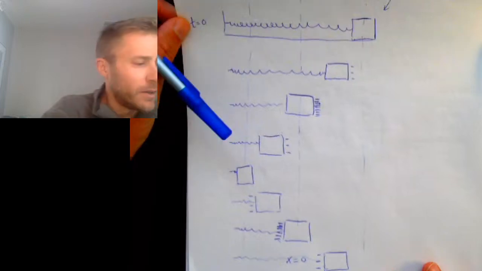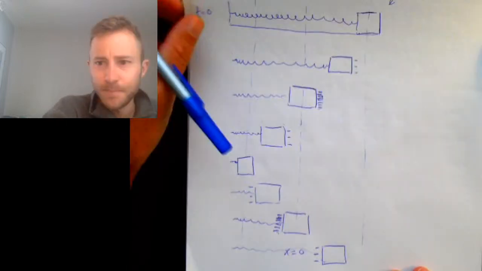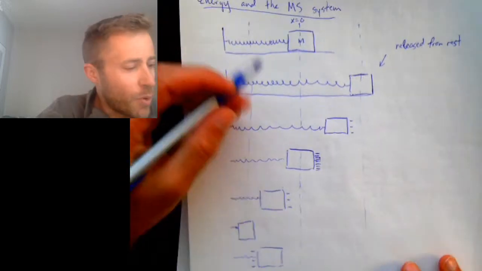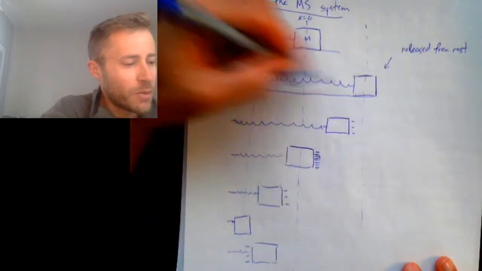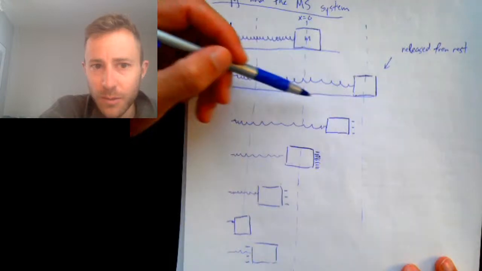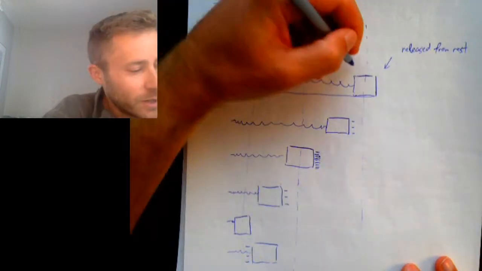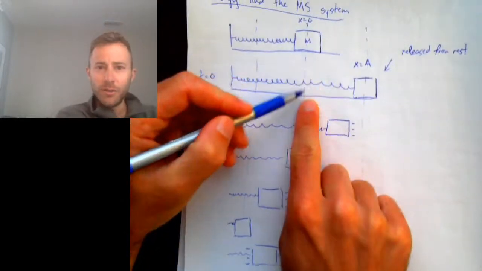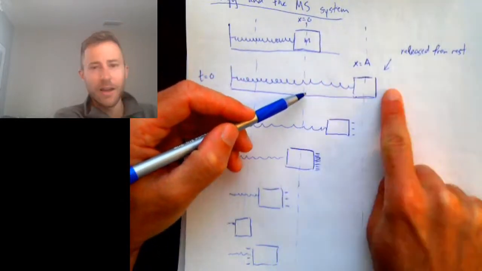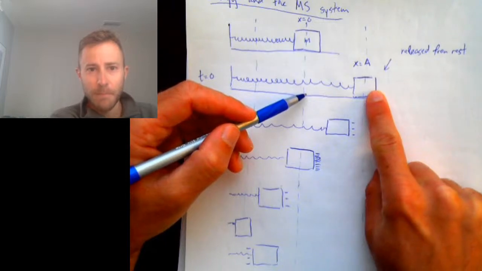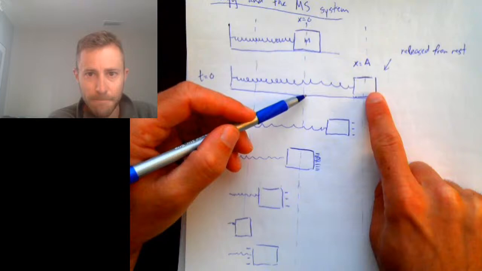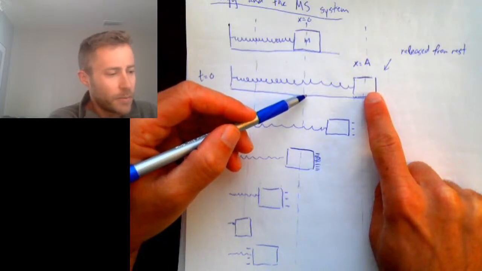Now the first thing I want to talk about is this point at which the mass is furthest from equilibrium. That is called the amplitude. The distance between the equilibrium position and the extreme point is the amplitude.